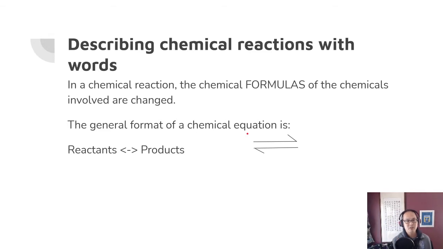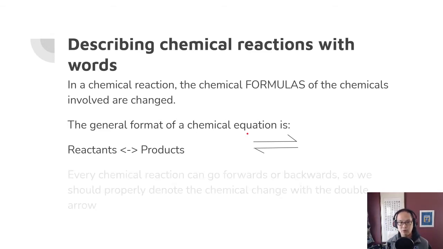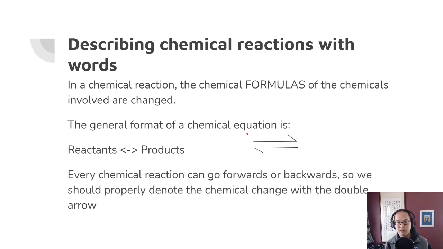The reason why we use the double arrow is because every chemical reaction can go forwards or backwards. So, to be more accurate, we're denoting the chemical change with the double arrow that tells us that our reaction can go forward or backwards. Now, most reactions generally only go in one direction, which is why you're used to seeing the arrow going from left to right.